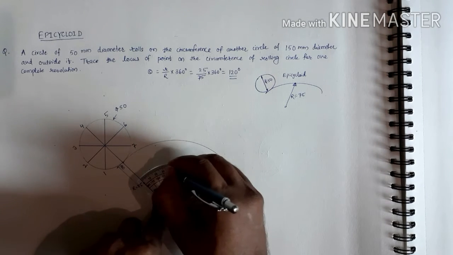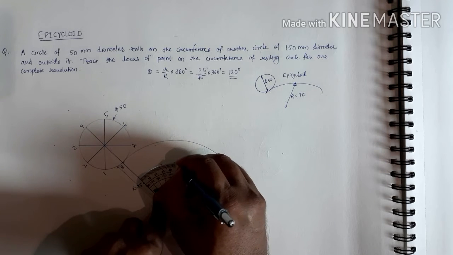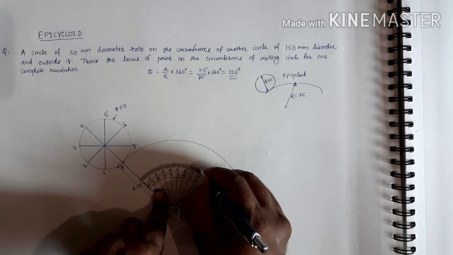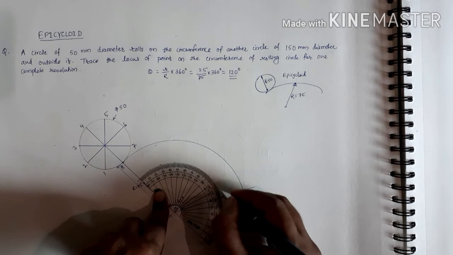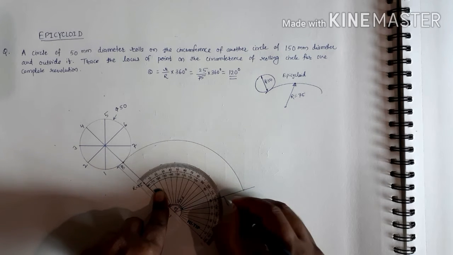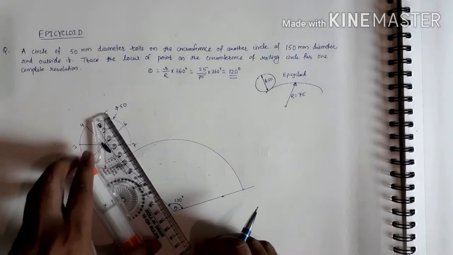So 120 divided by 8 is again 15 degrees. So mark 8 parts. So this 120 degrees is divided in 8 parts.